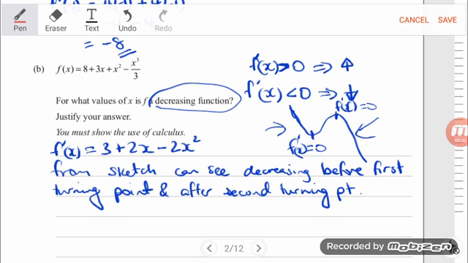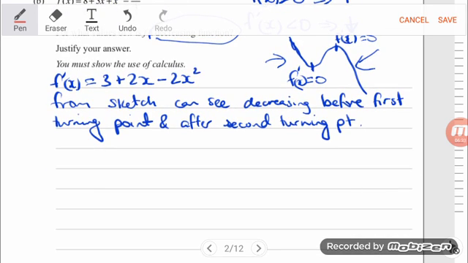Right? Turning points are at f dash x equals 0.